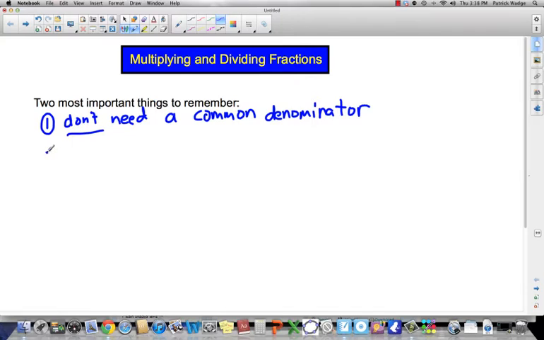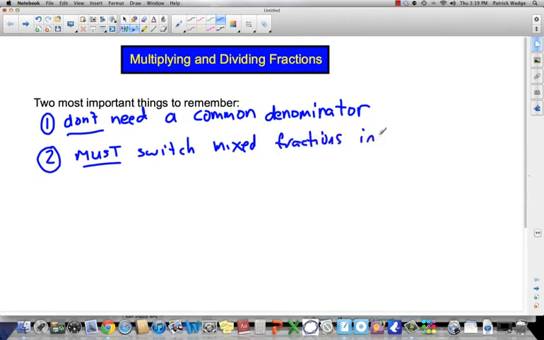Okay, the second point when we did adding and subtracting was that you don't need to switch mixed fractions into improper fractions. And now for multiplying and dividing fractions, you must switch mixed fractions into improper fractions.